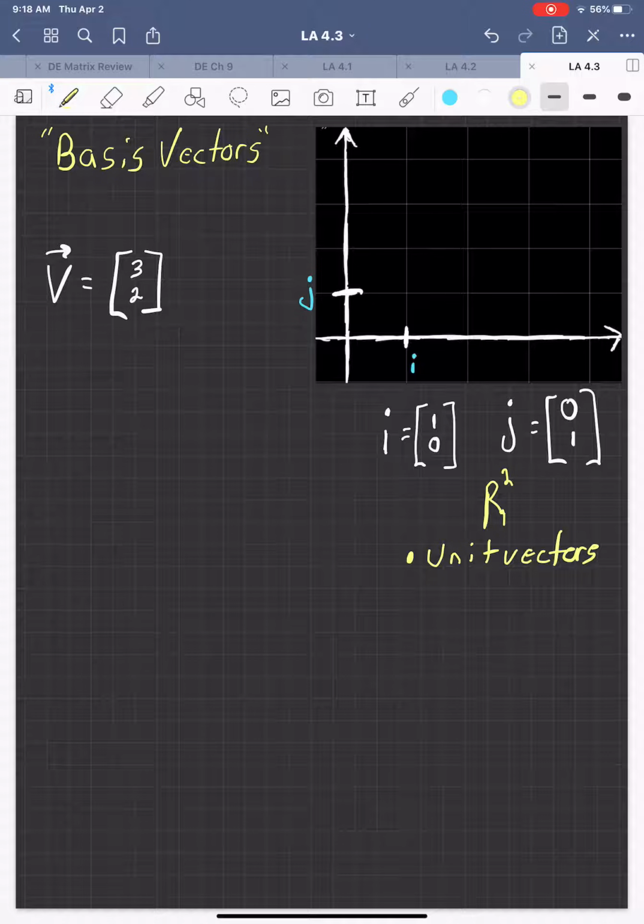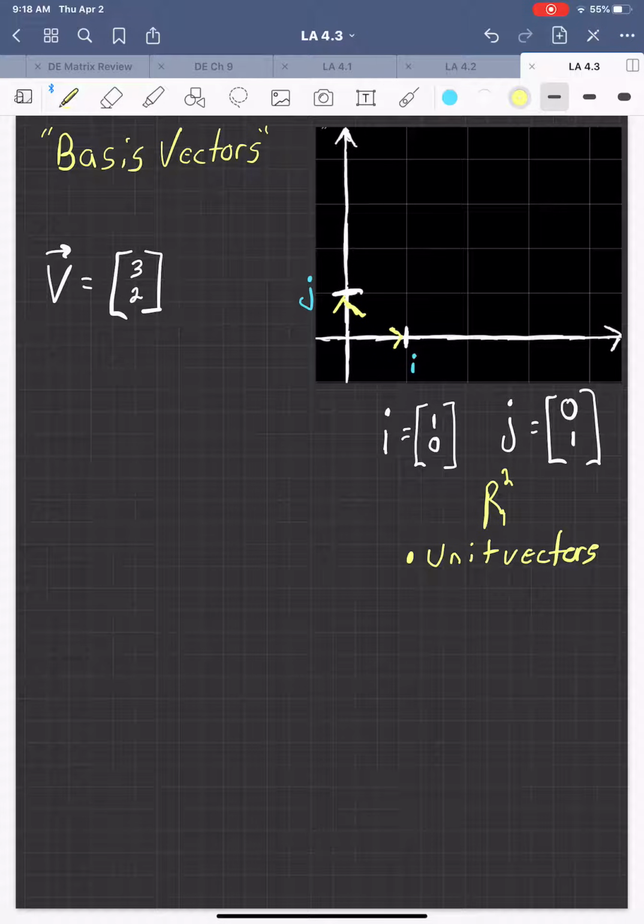The direction of the I vector is heading towards the positive x-axis, and the direction of the J vector is heading in the direction of the positive y-axis.